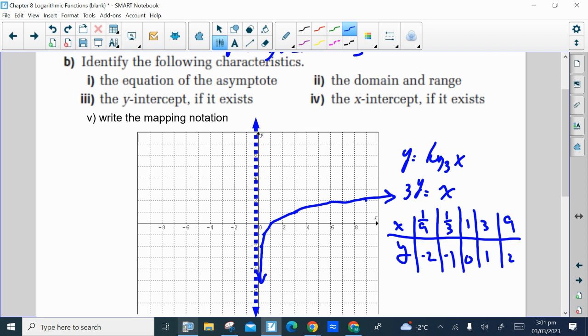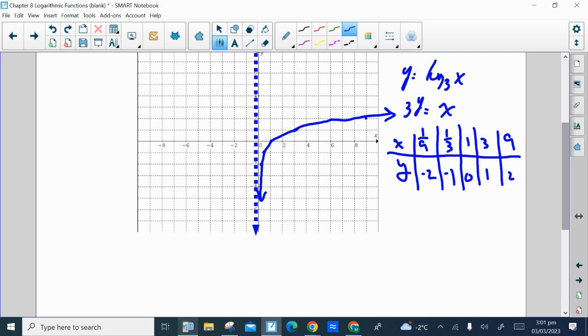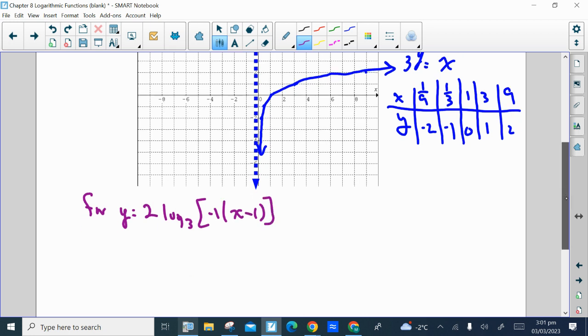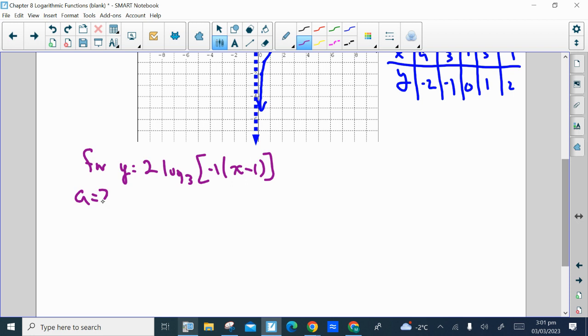And now we have to get our points for our transform function. 2 times log base 3. Again, it's negative 1 bracket x minus 1. So the first thing we see is we have an a value of 2.